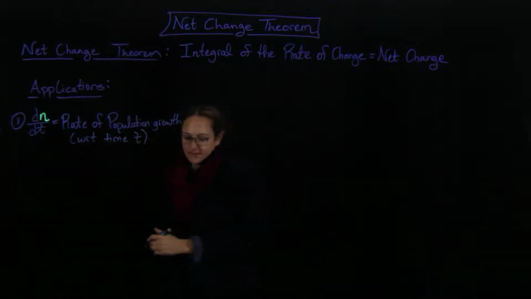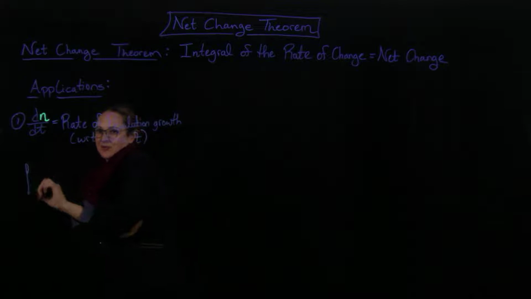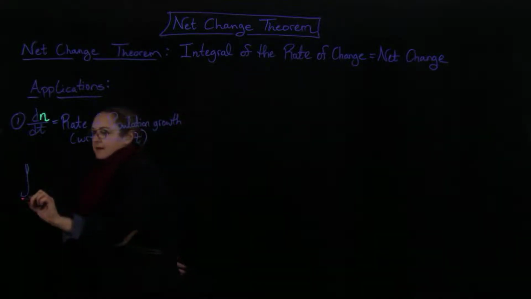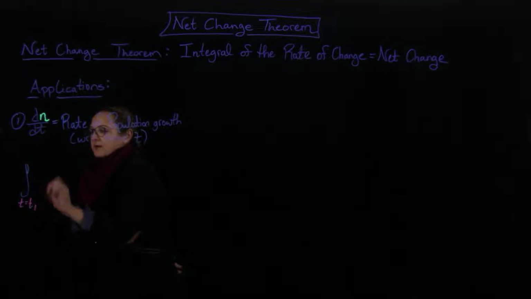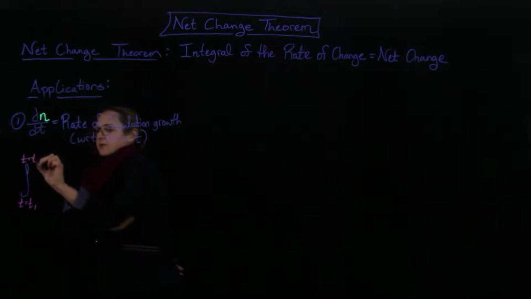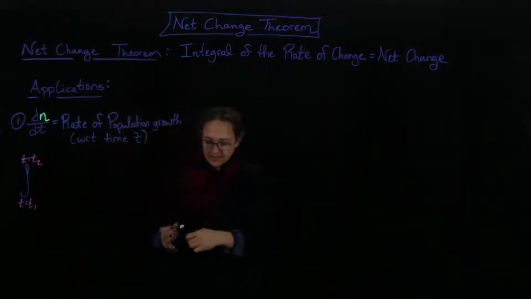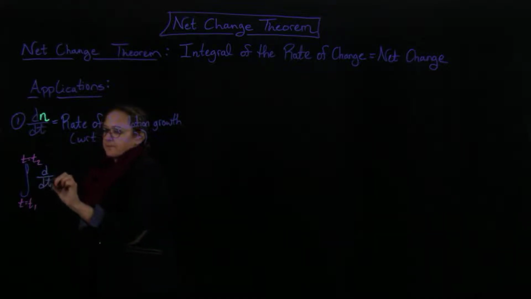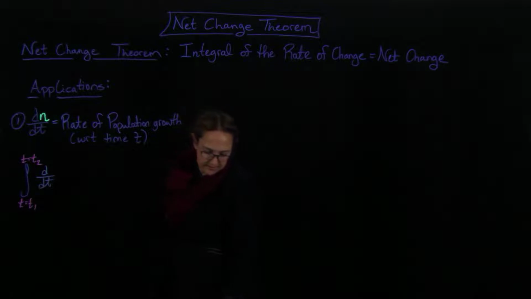Okay? Then what we're going to get is if we take the integral and we go from t equals t1 to t equals t2, and we integrate this rate of change of the population. So this is like the population growth.